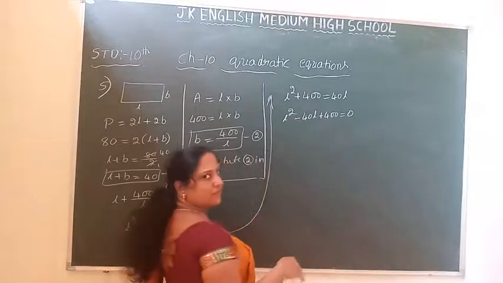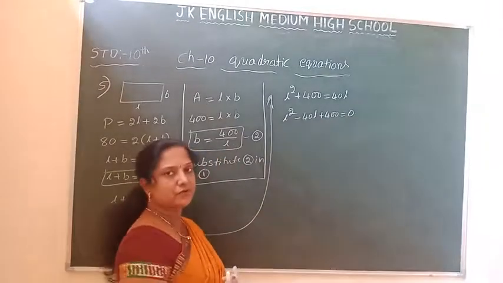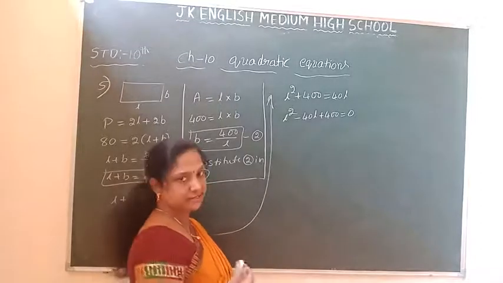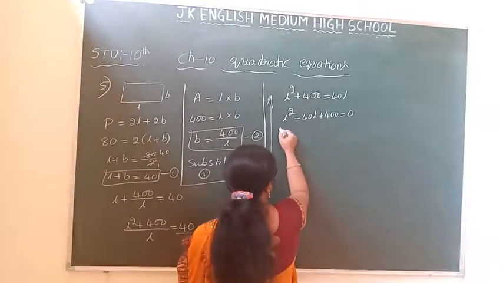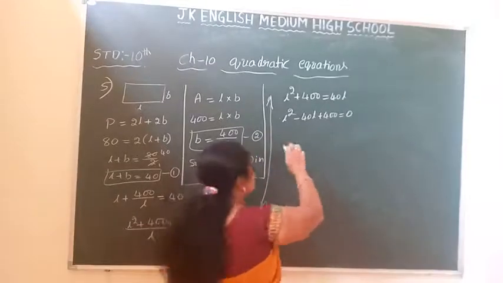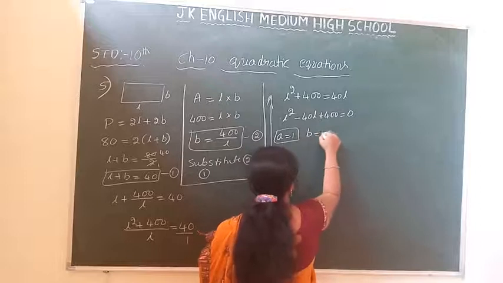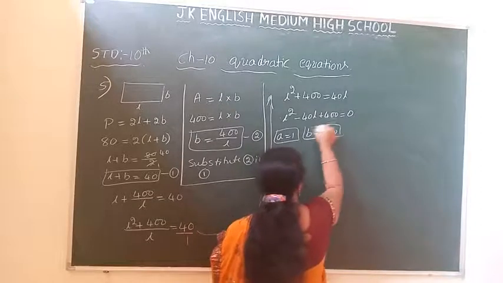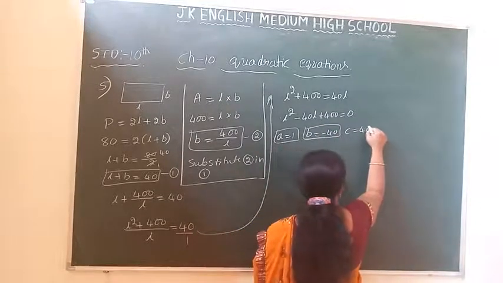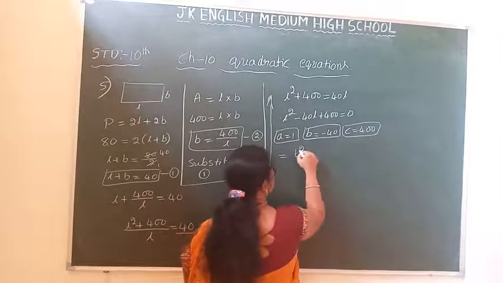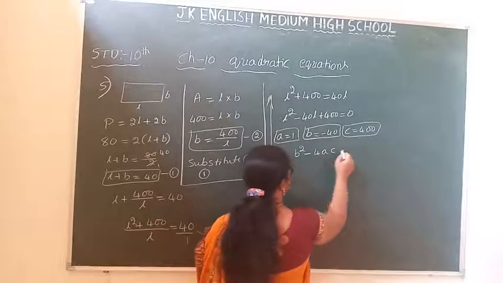Now it is in the standard form of a quadratic equation, but in place of the variable x, here it is L. If I compare with the standard form, the A value is 1, the B value is minus 40, and the C value is 400. Now substitute in the discriminant to find out whether we get real roots or not.